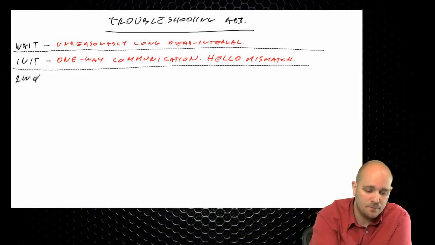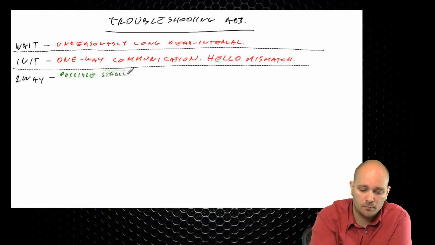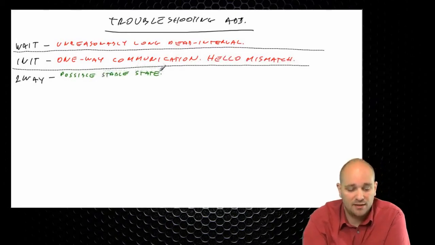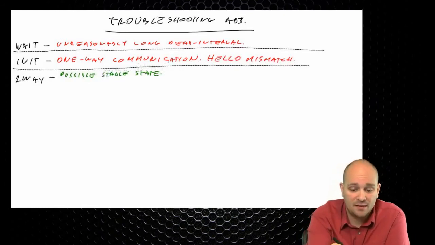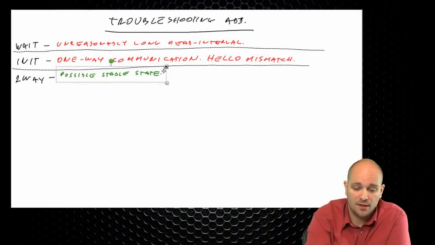Now, as I say, and I'm going to repeat this here, two-way is a possible stable state, which means that the routers could be in a two-way relationship, and that is possibly okay.